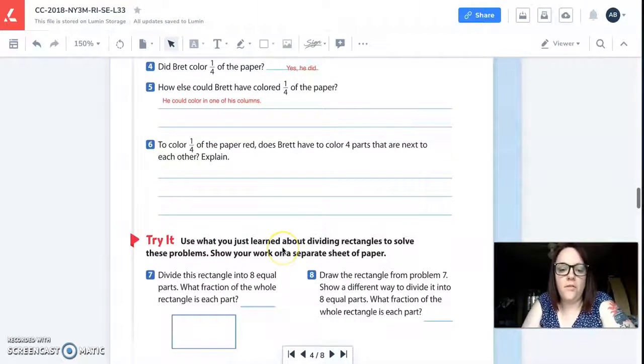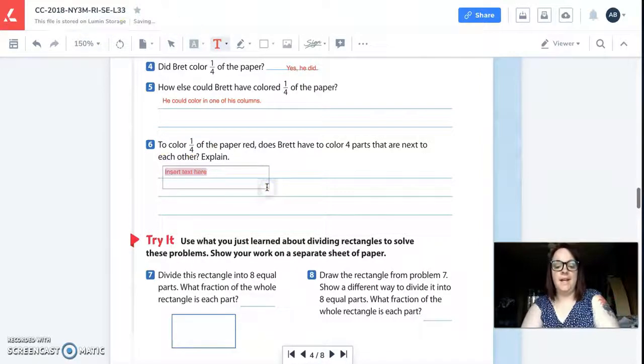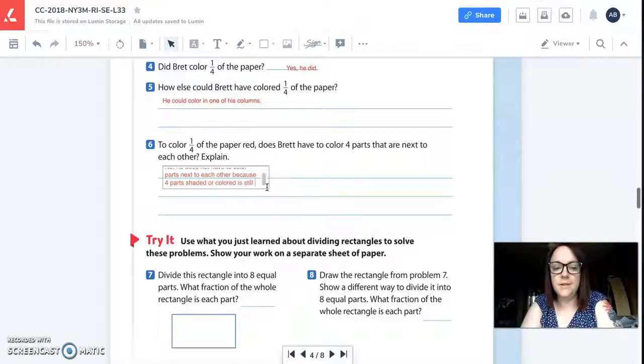To color 1/4 of the paper red, does Brett have to color 4 parts that are next to each other? Ooh. No, he does not have to color parts next to each other because 4 parts shaded or colored is still 1/4 of the paper.